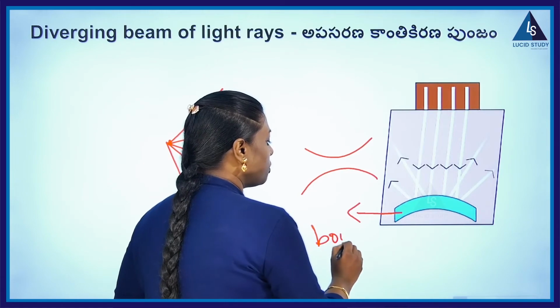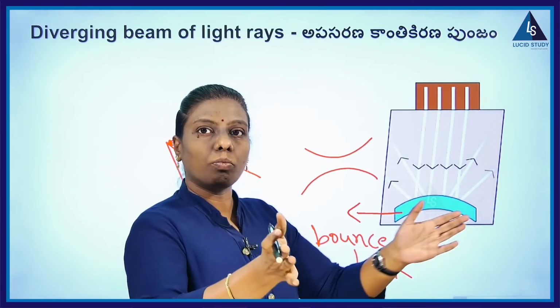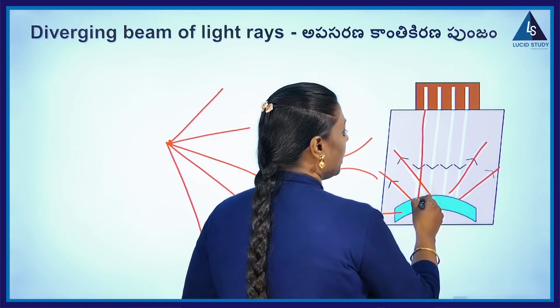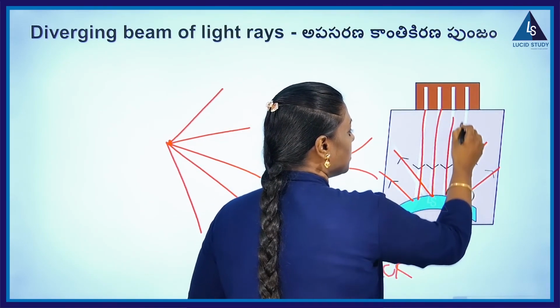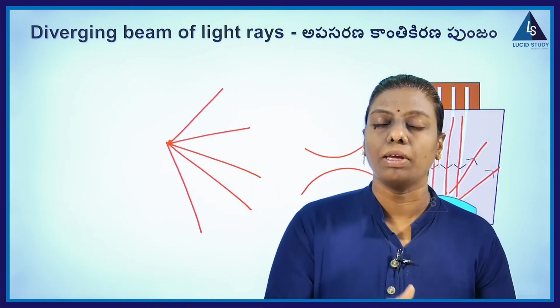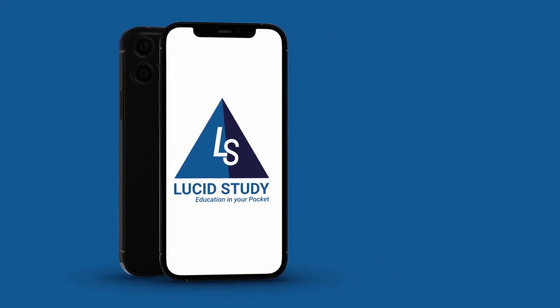When they bounce back, they move like this. If you observe the rays falling and bouncing back, it indicates that it is a diverging beam of light rays.